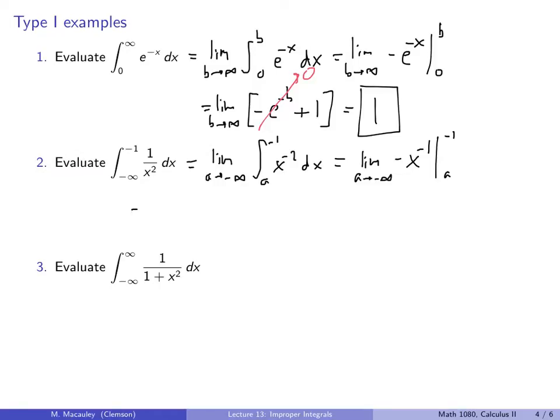It's funny, I always like to look at this as x to the n in this form over 1 over x squared. But then when I plug in, I like to write it as a fraction. So I'll be a little bit pedantic here and write this as the limit as a goes to negative infinity of negative 1 over x from a to negative 1.